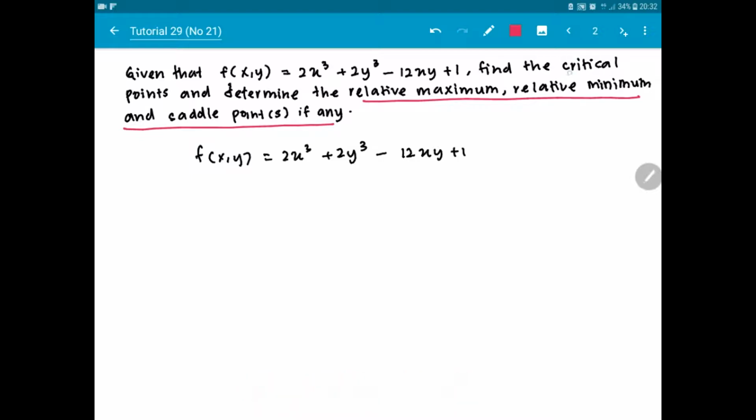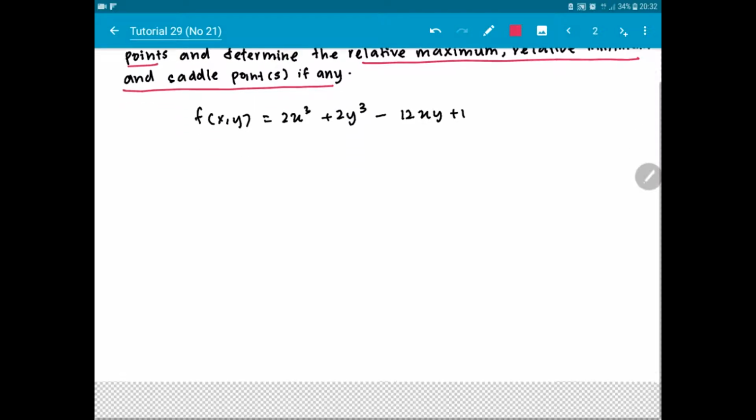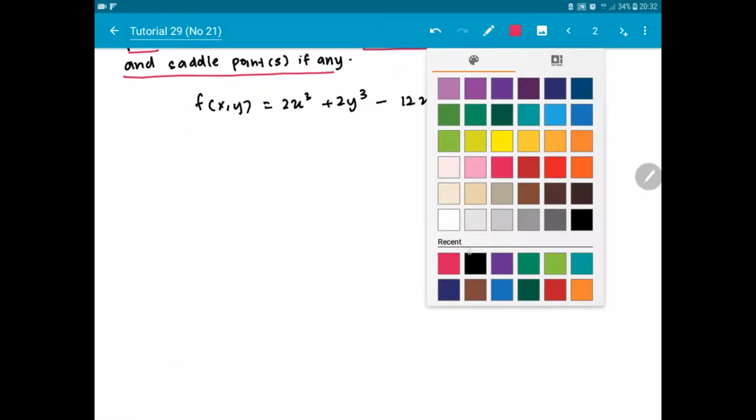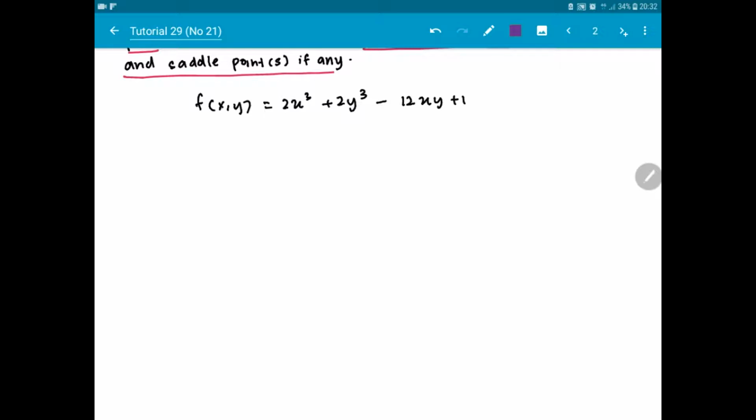So the first thing we need to do is find the critical points. First step, we need to find fx equals 6x squared minus 12y equals 0. Number 2, we need to find fy equals 6y squared minus 12x equals 0.